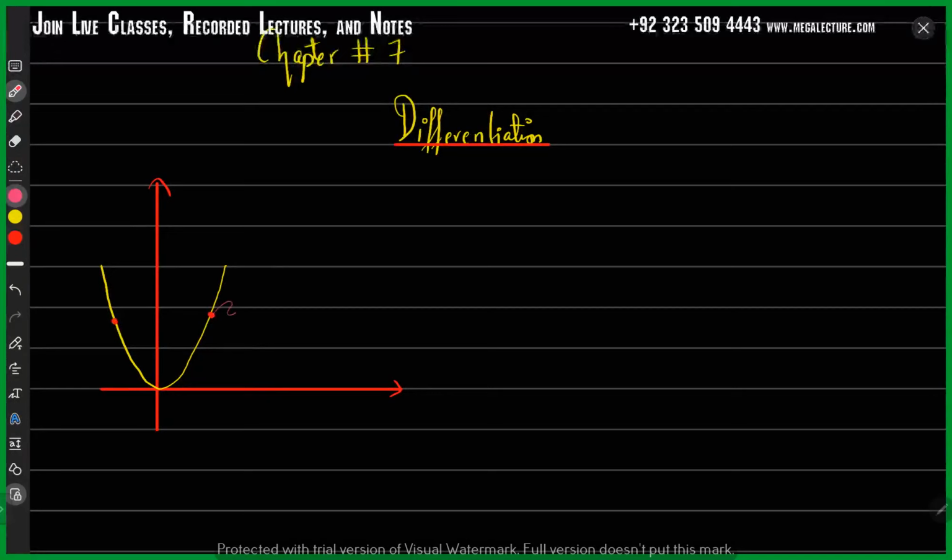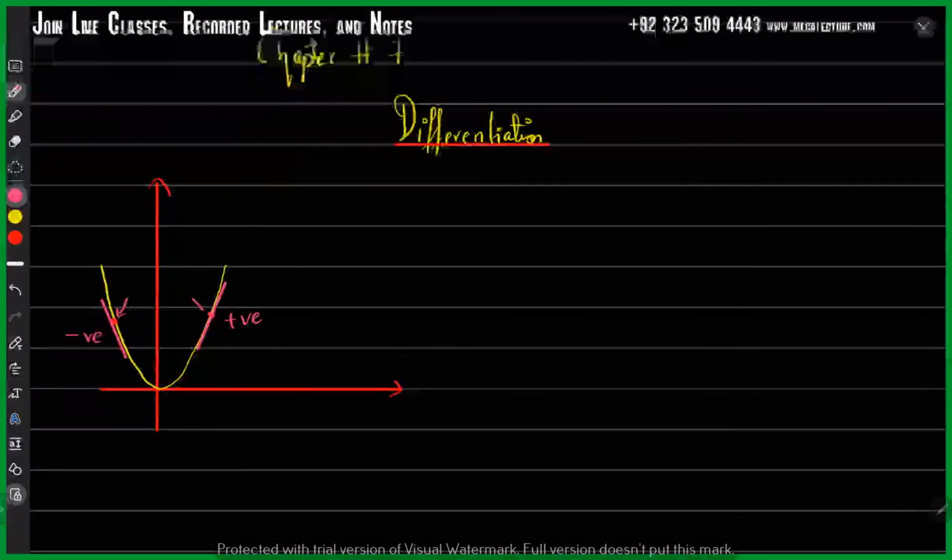Because if I make a tangent line at this point, I would be able to see that the line is going upwards. And if you think about your old knowledge, whenever our line used to be upwards, the gradient used to be positive. However, if I make a line at this point, this line is coming downwards. So this means that my gradient is going to be negative. So gradient at this point and gradient at this point are different. We have two different gradients.